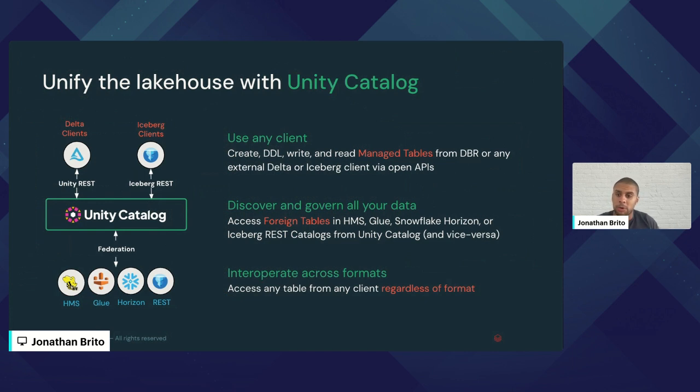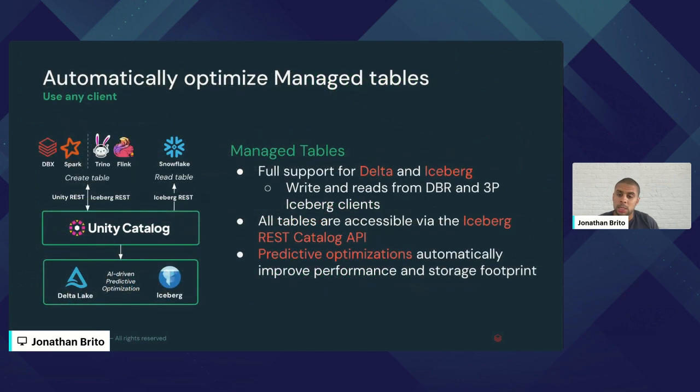Okay, so let's start with the first of these pieces and talk a bit about the new look around managed tables. So these managed tables have support for both Delta and Iceberg. So you can create a managed Delta table, you can create a managed Iceberg table within Unity Catalog. And again, you have full access to the full ecosystem to do this. The Iceberg tables are accessible via Iceberg REST Catalog API. You also can use tools within Databricks to make your Delta tables available as well to Iceberg clients.